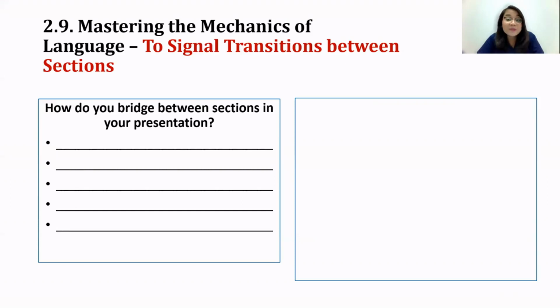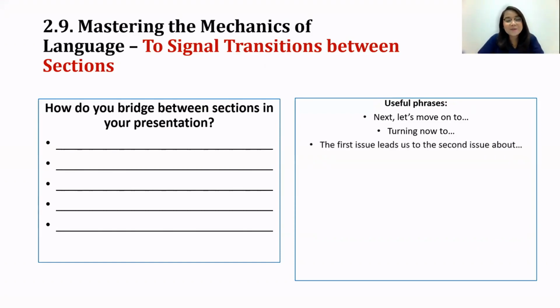When you're finished, please click next to find out the useful phrases that we can use to signal transitions between sections. Repeat after me. Next, let's move on to, yes, turning now to, and you say the title of the next section, right? The first issue leads us to the second issue about.